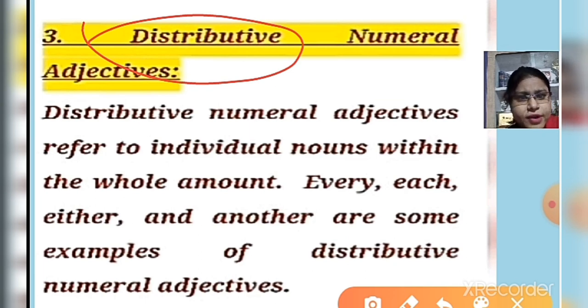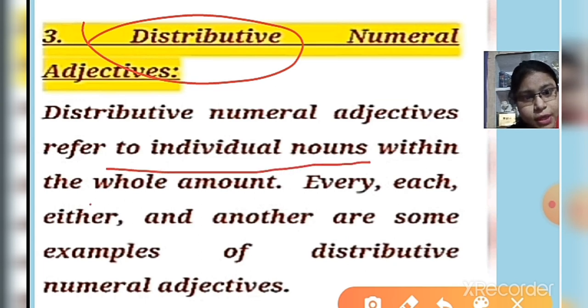Distributive numeral adjectives refer to individual nouns within the whole amount. Okay, every, each, either, and another are some examples of distributive numeral adjectives. It is very simple to understand that it always refers to an individual noun within the whole amount.